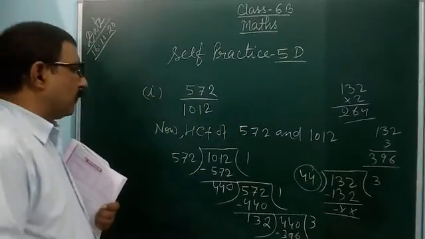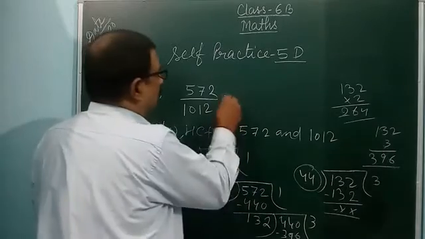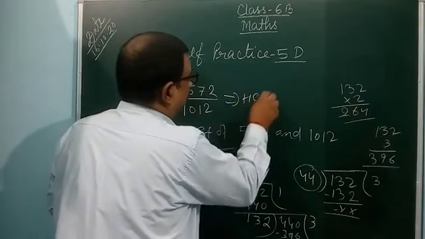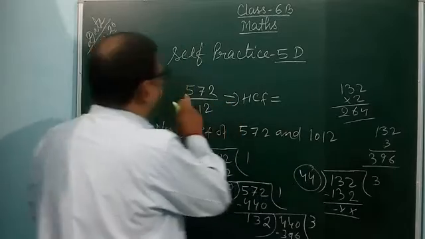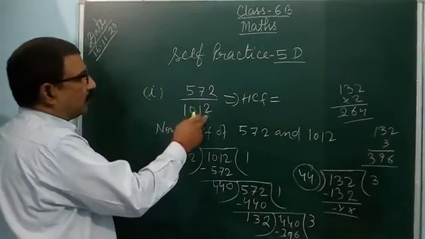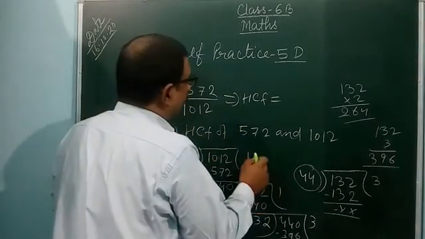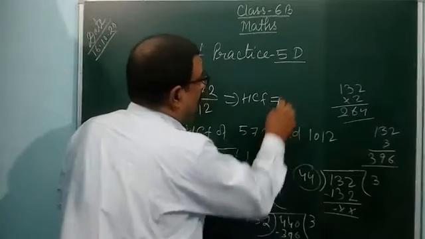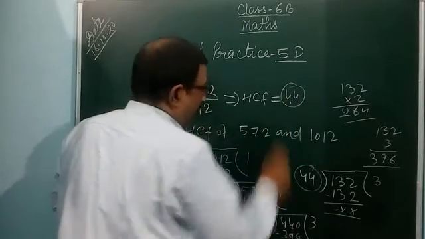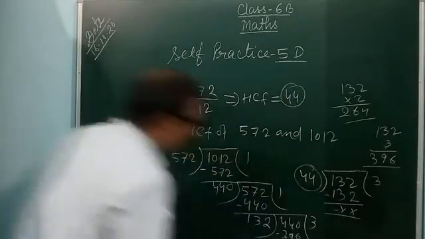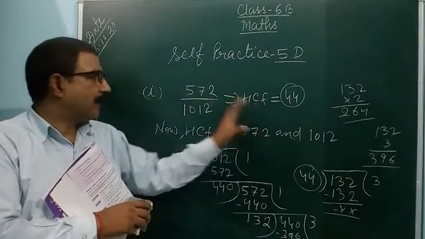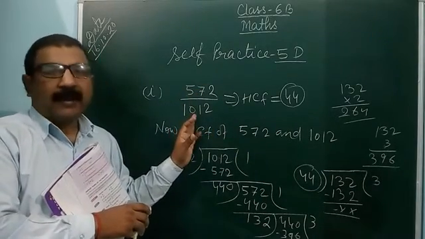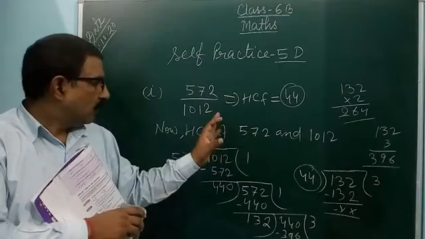Now you have 44 as the HCF. So it means HCF is equal to 44. HCF of 572 and 1012, both HCF is 44. After then, by division method, you have to find out HCF of 572 and 1012.